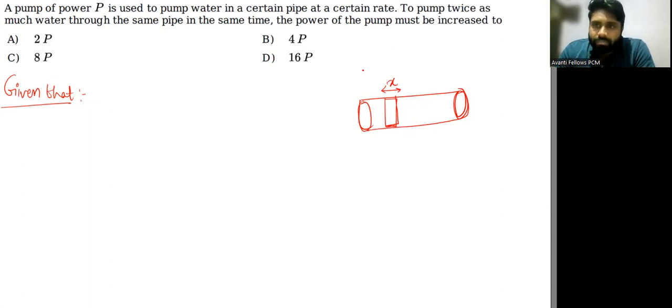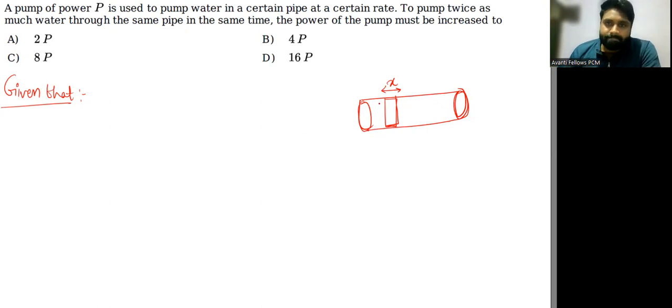And if we are able to calculate the rate of kinetic energy, it will directly give us the power. So kinetic energy flow rate is nothing but power.